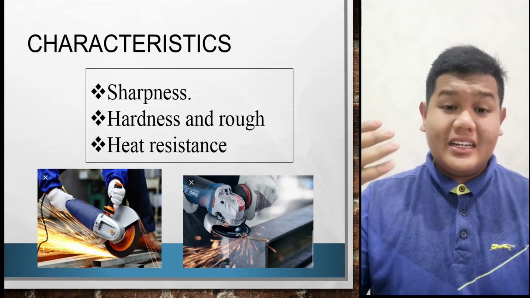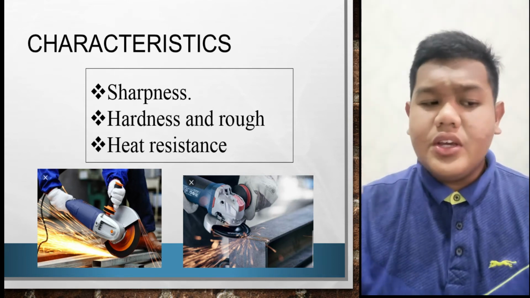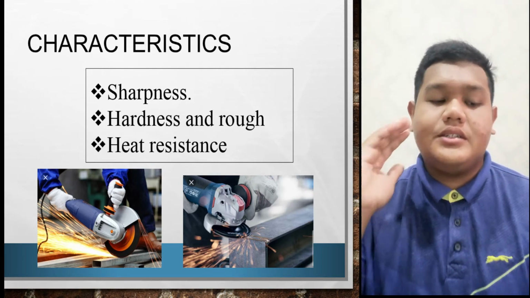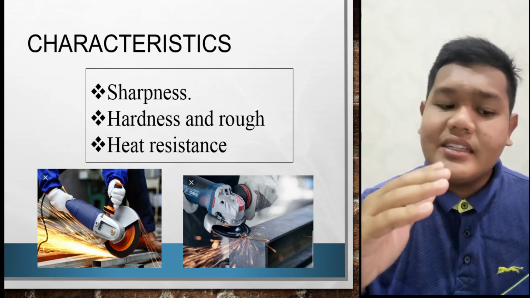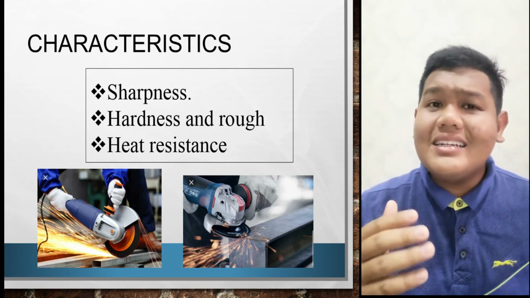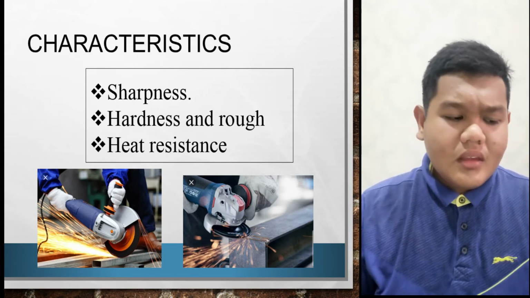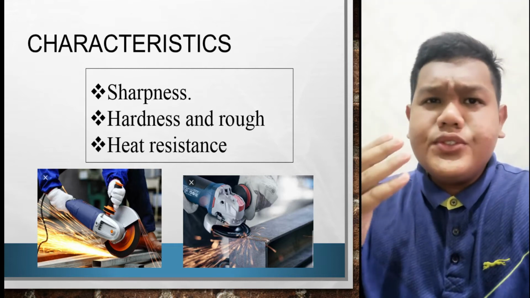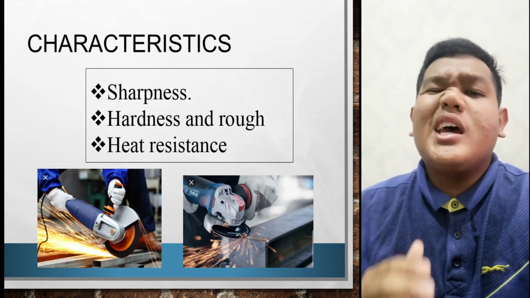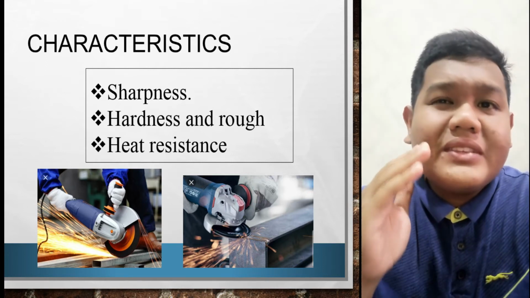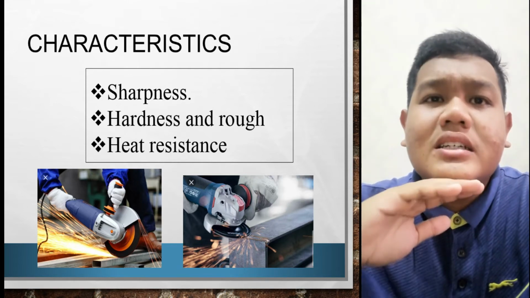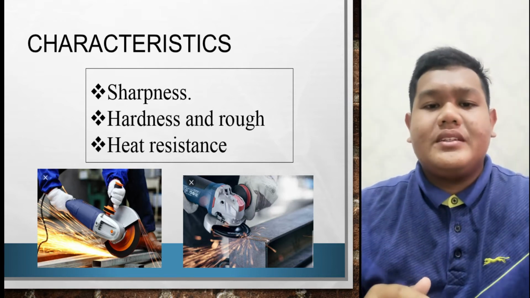Sharpness: a grinder is a very sharp cutting machine. It can cut various materials such as iron and wood. The second is hardness and roughness. This grinder is also known as a powerful and durable machine tool, because it often does rough work such as on construction sites.